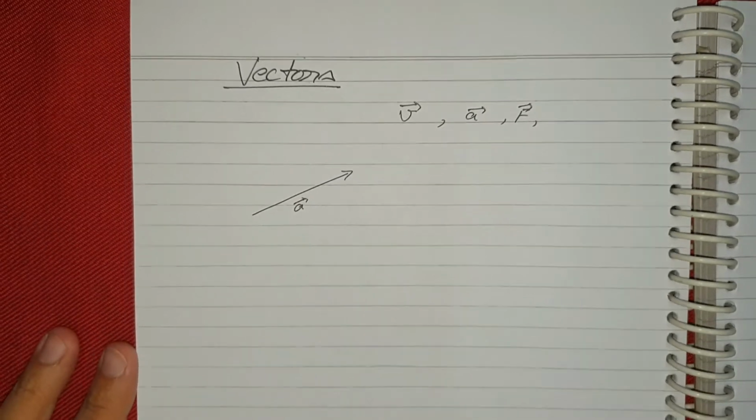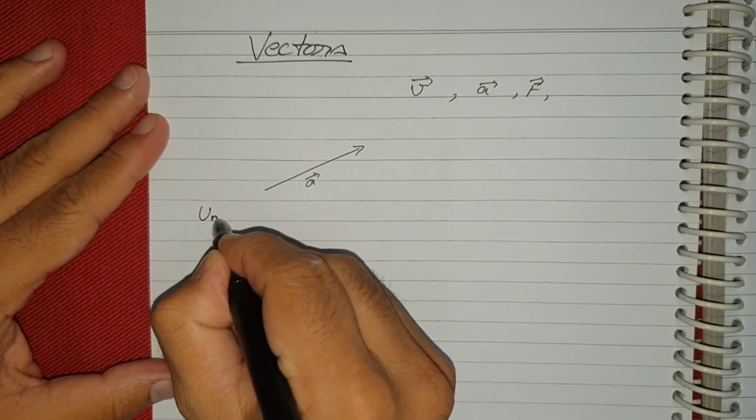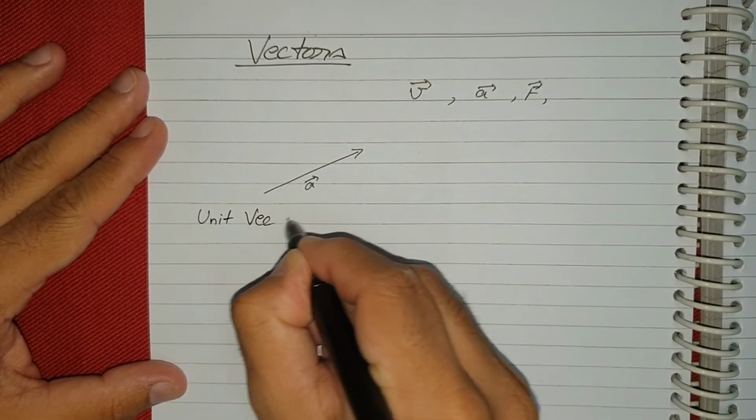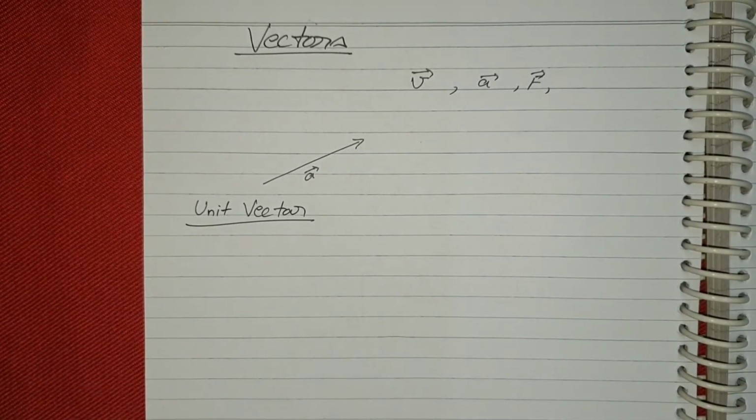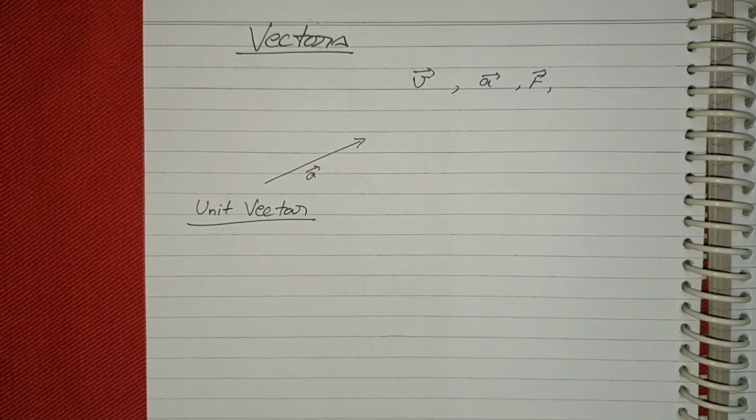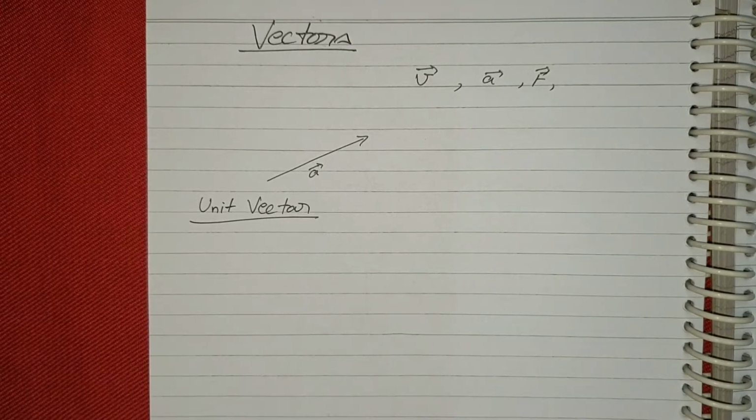Now comes the unit vector. What is a unit vector? A unit vector of a given vector is a vector of unit magnitude and has the same direction as that of the given vector.